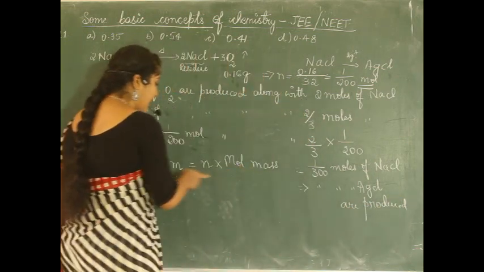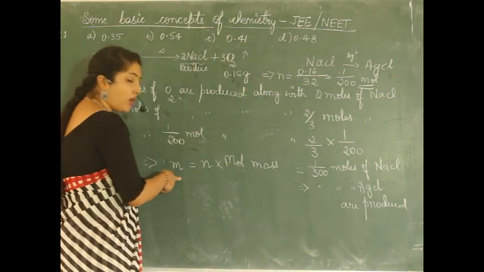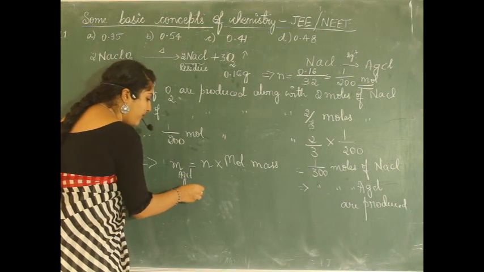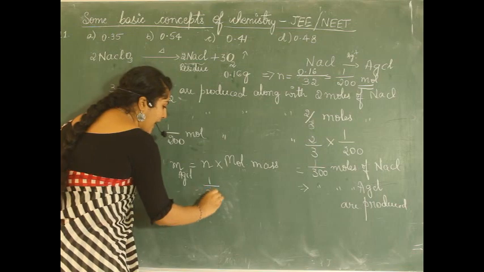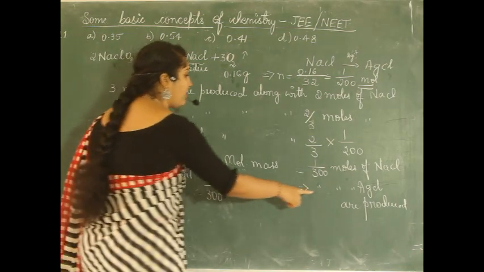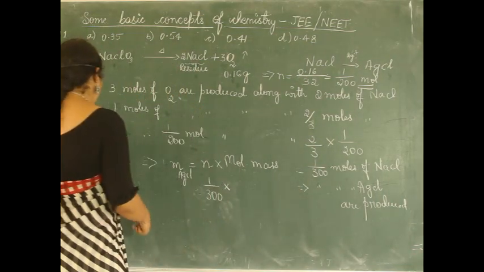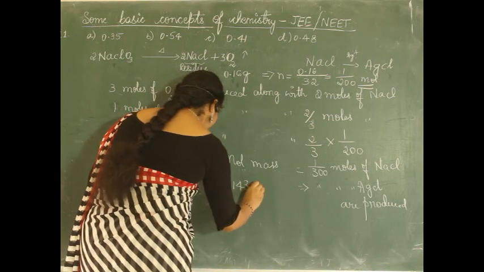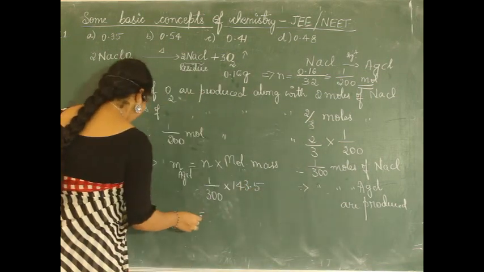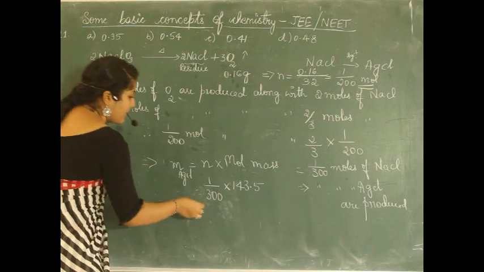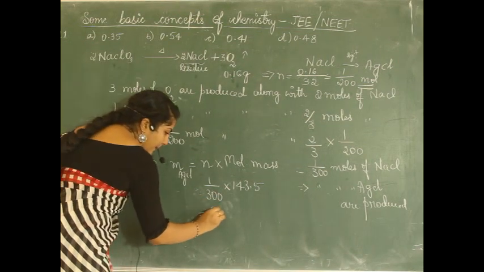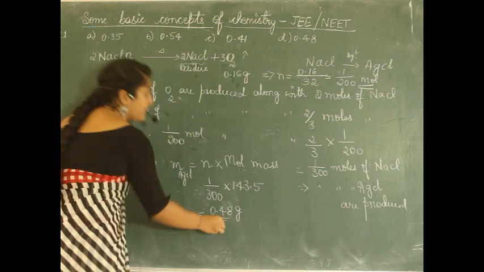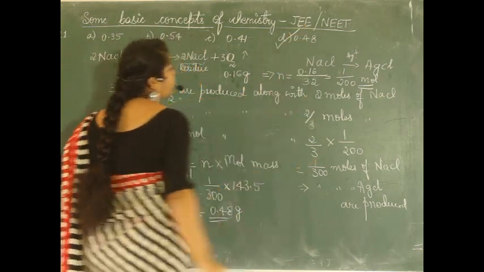For that AgCl, let me find out the mass. Mass of AgCl is equal to number of moles of AgCl into molar mass of AgCl. In the question itself, the molar mass of AgCl is given. How much? 143.5. So when you solve it, it comes out to be 0.48 gram, which is option D.